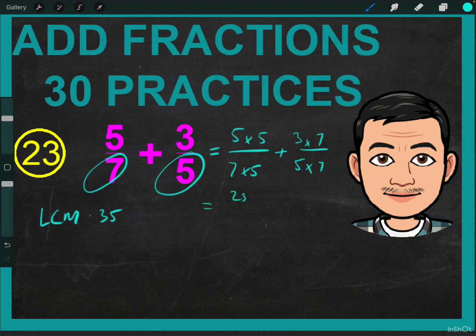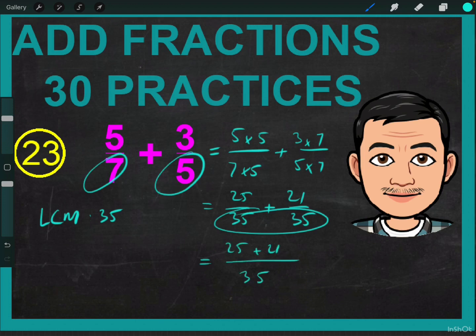So we got 25 over 35 add 21 over 35. Now the two fractions have the same denominator, so we keep it the same, and then we add 25 and 21 for the numerator, and the answer is 46 over 35.